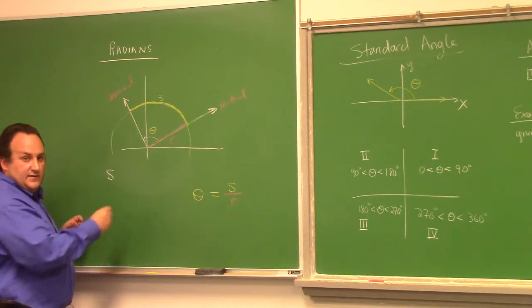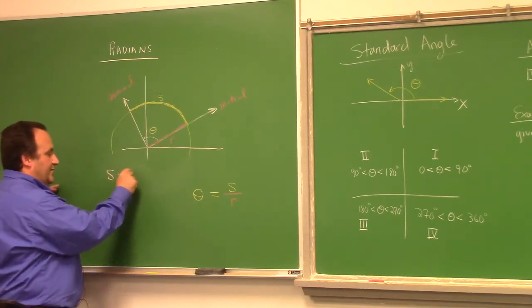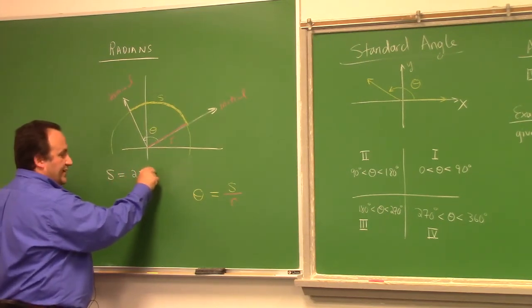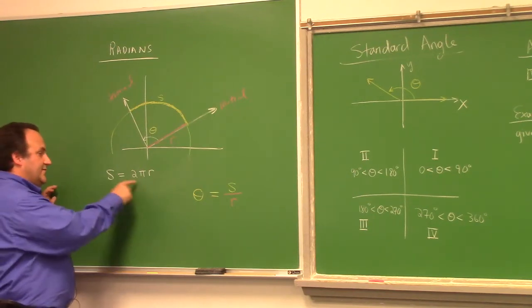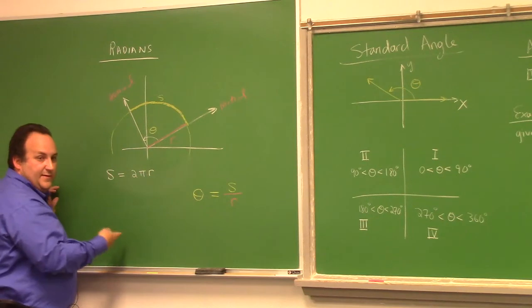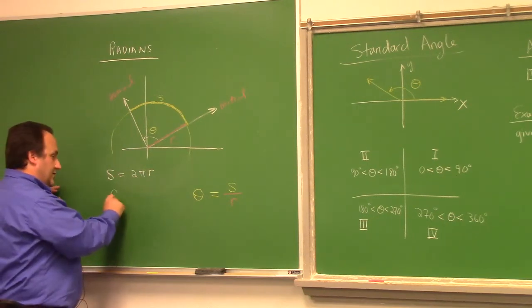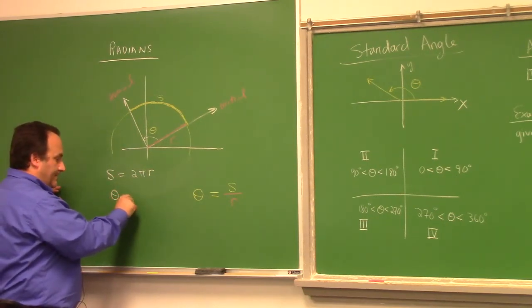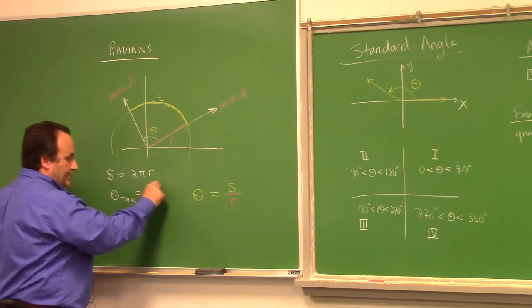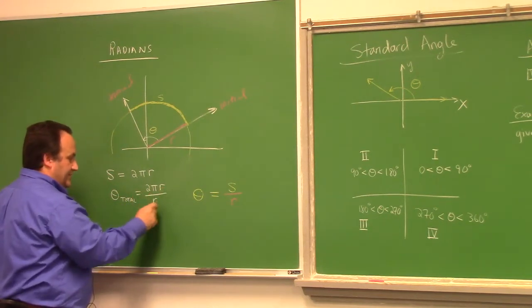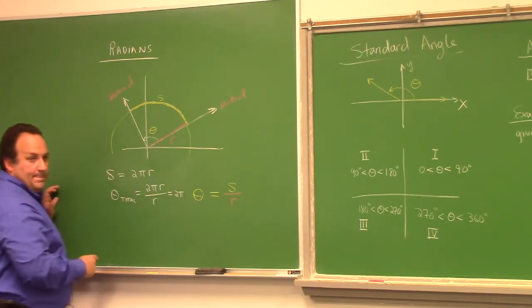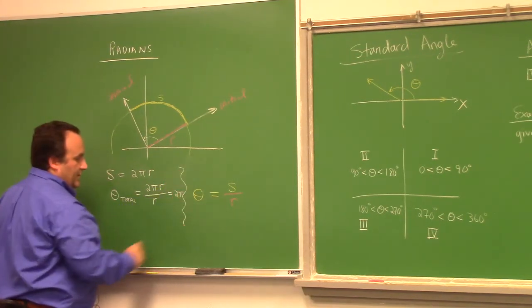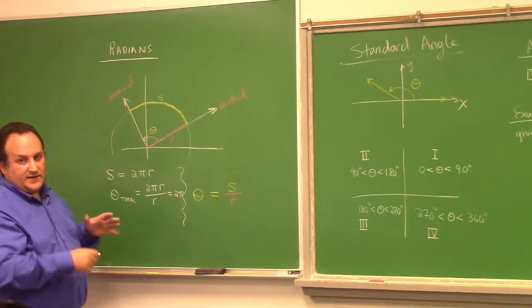That would be 2 pi times the radius. So 2 pi times the radius is the circumference of the circle. So how many radians for a whole circle? The total all the way around is 2 pi r divided by r, which is 2 pi. So there are 2 pi radians in a full revolution.